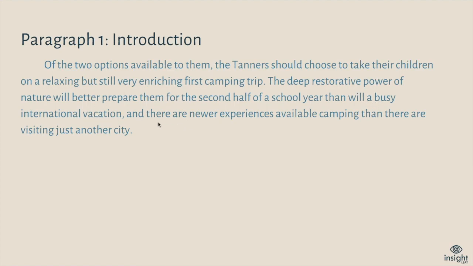And the second one, there are newer experiences available camping than there are just visiting another city, right? So already in this paragraph, I've told you which proposal I'm going to choose, and I've kind of given you an idea of where I'm going to go with this. So it's a good structure. Compare it to your own and see which one you like better. Were you able to accomplish the same amount in just 2 sentences?